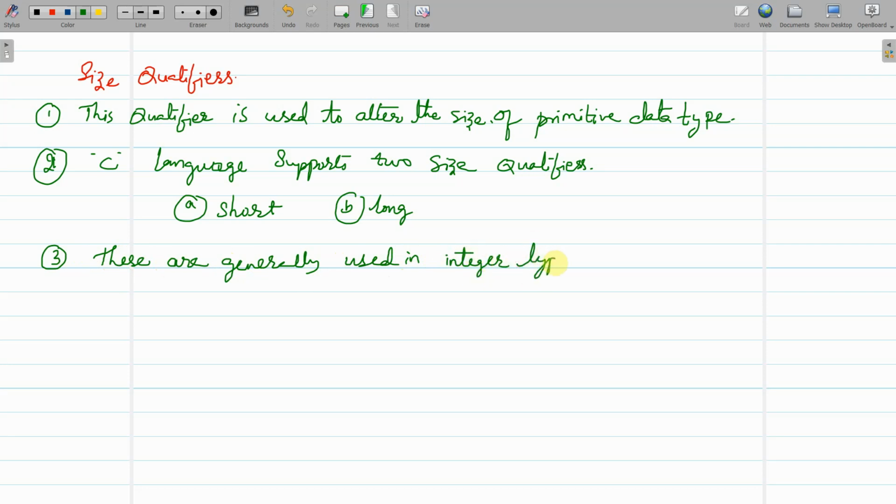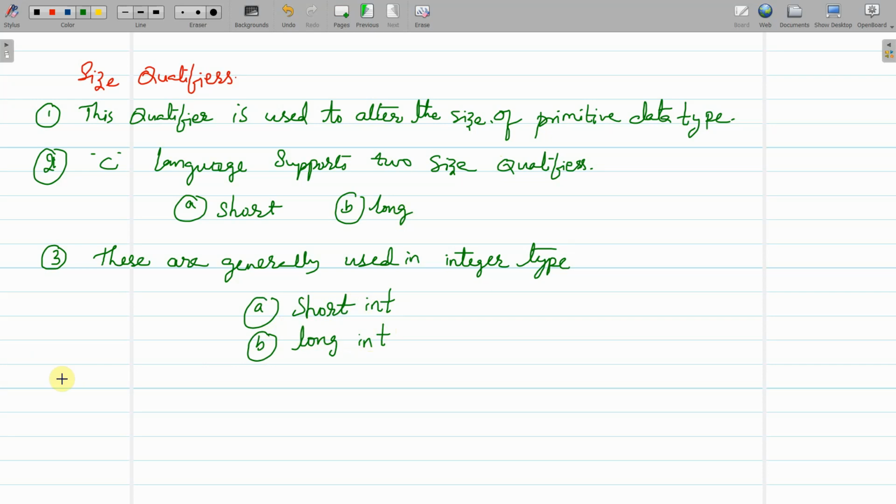Previously, before the introduction of this topic, you only had a basic data type called int. But after getting an idea of this topic, int can be used in two ways. The first is short int, the second is long int. So we can use short int and we can use long int.